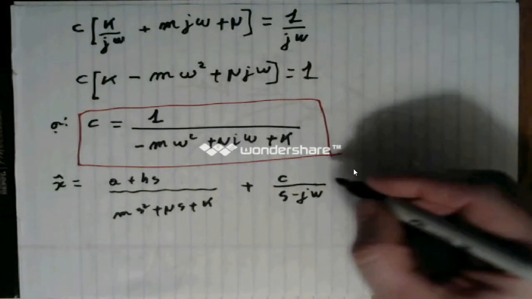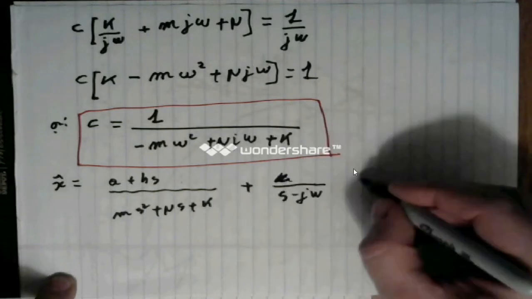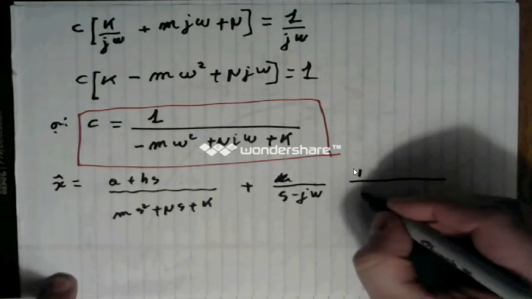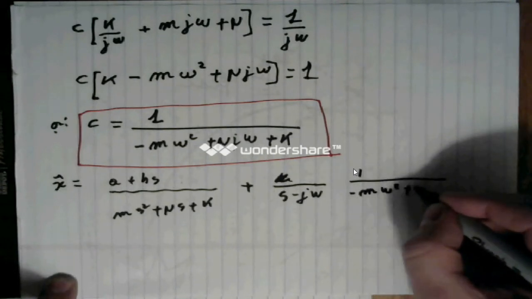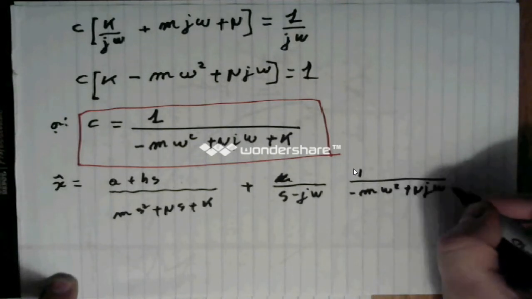And where C is this term times 1 over minus m omega squared plus mu j omega plus k.